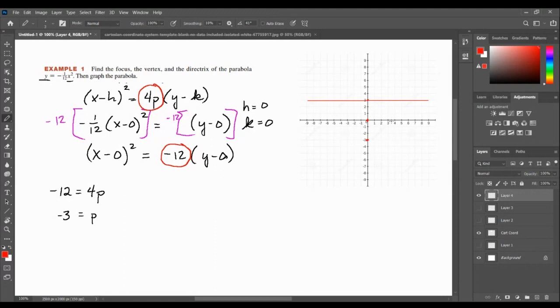My parabola always opens away from the directrix because the focus always has to be inside the parabola. And now that I rewrote this equation into this form, I was able to find all that information. But to get other points on the parabola, I can just pick a point and plug it in. Say x is negative 2.